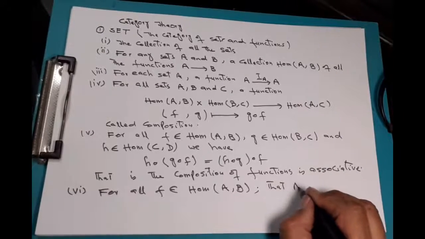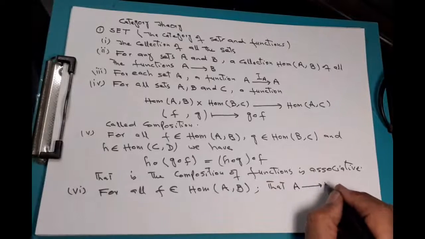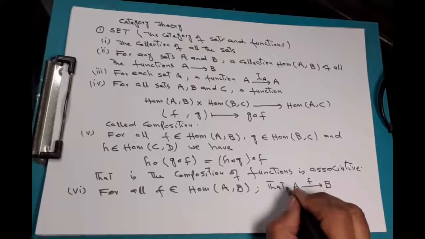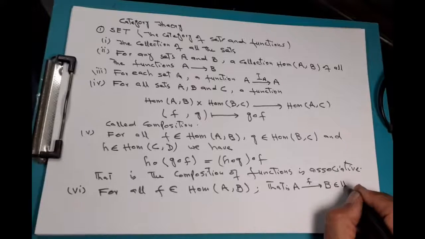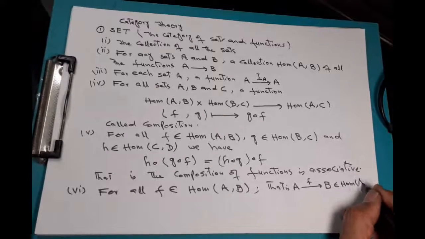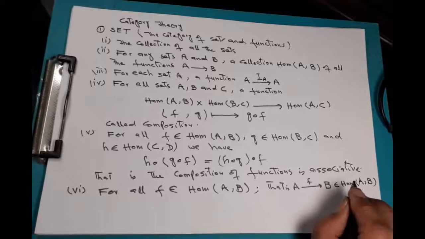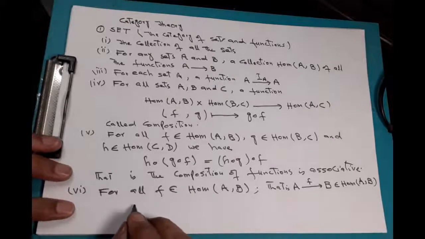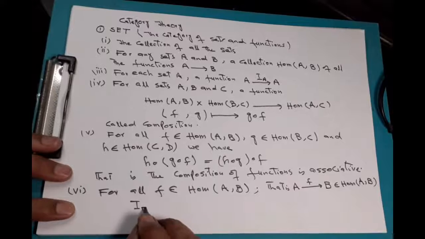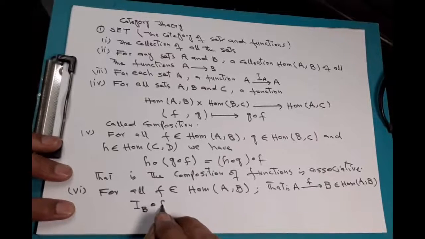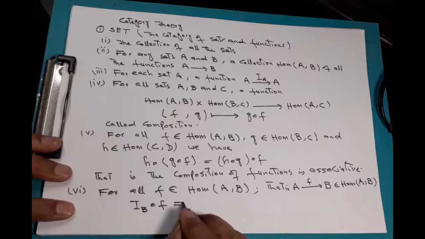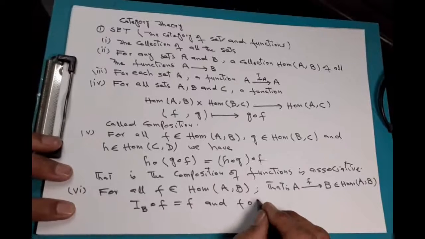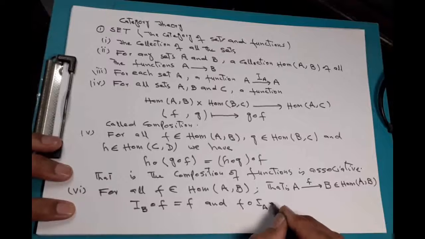So F is in fact a function with domain A and codomain B. So for all functions F belonging to Hom AB, if we compose the identity function on B with this function F, the result will be equal to F. And if we compose F with the identity function on A, the result will be F again.